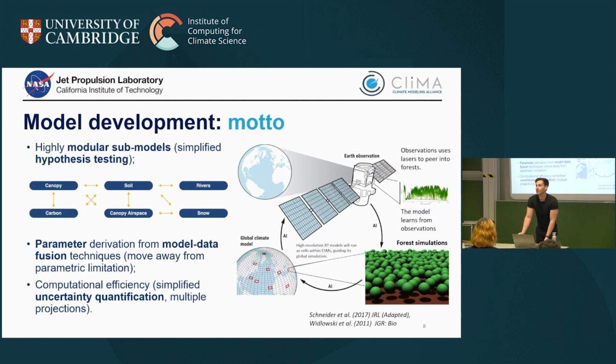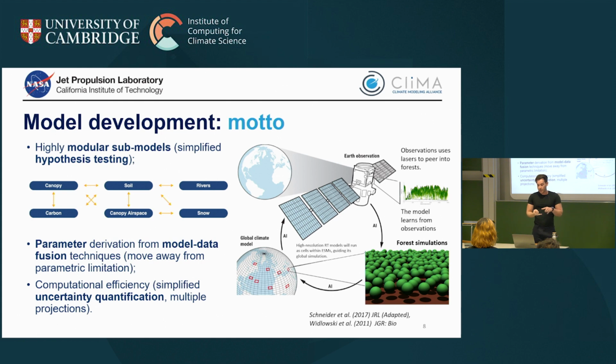I want to talk about one of the strengths of CliMA-Land, which is highly modular submodels, which will simplify hypothesis testing. I'm just talking about radiative transfer, but we have people in the room working with snow, the coupler, and we can switch and swap these different things and test different hypotheses so we can get a better understanding of processes in the land and how that impacts the atmospheric circulation.